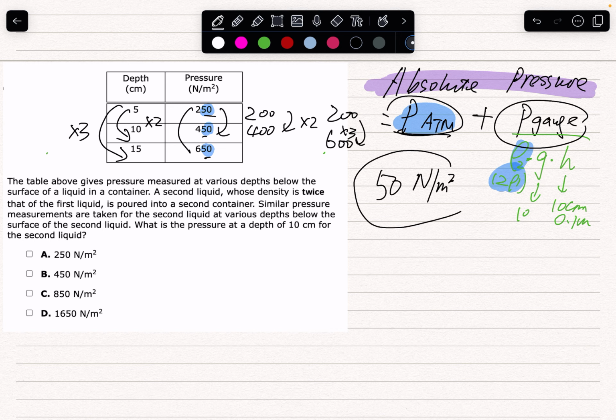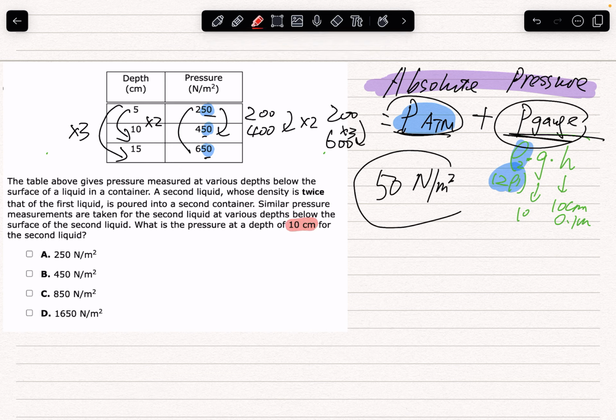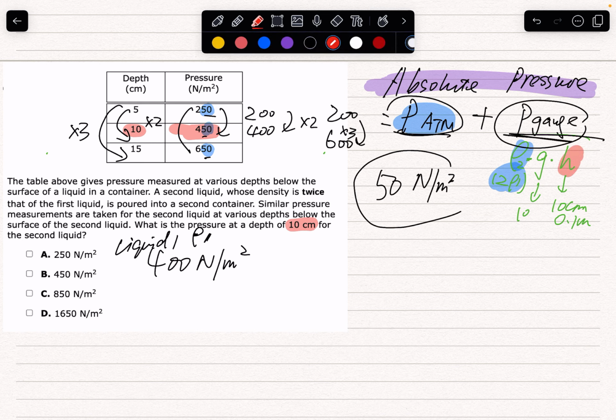Now I need to know this gauge pressure. At this 10 centimeters, I have a 400 pressure for my liquid one, with density rho 1. But for the second liquid, H is still 10 for my second container, and G is still the same, 10.